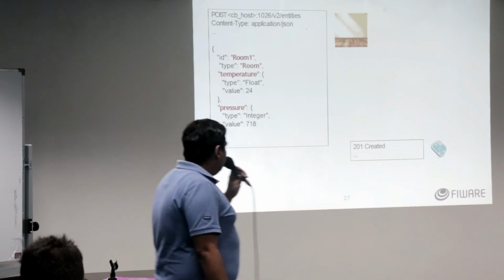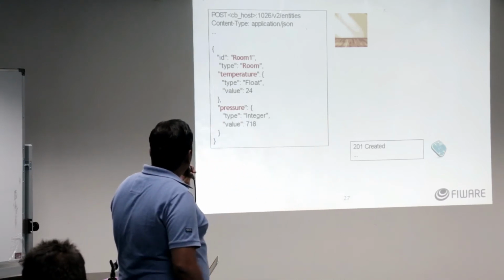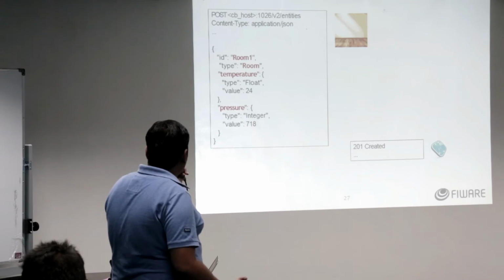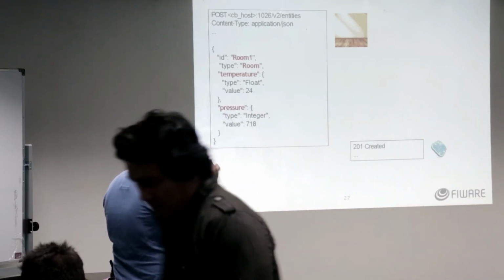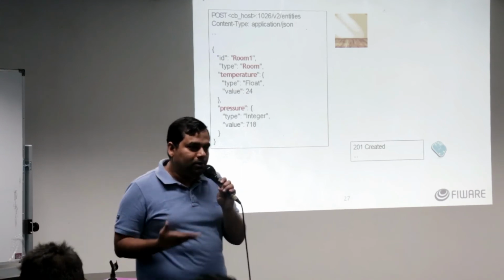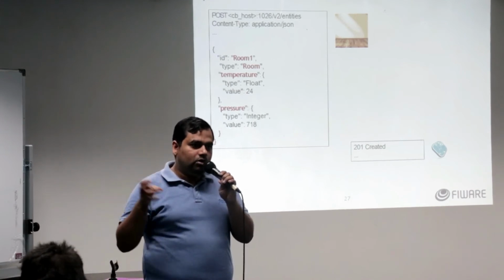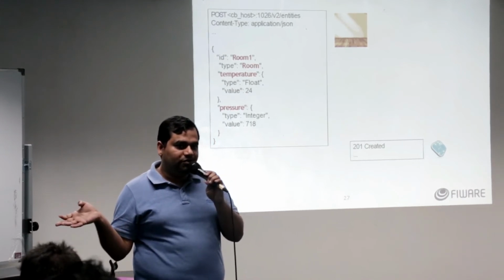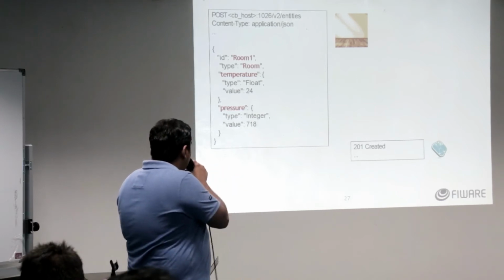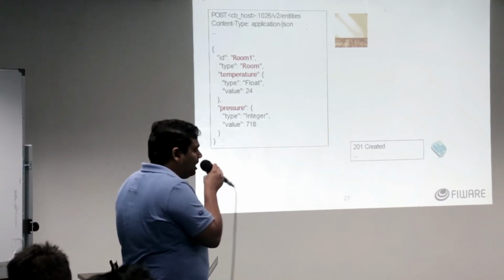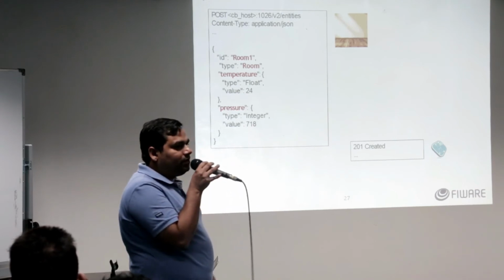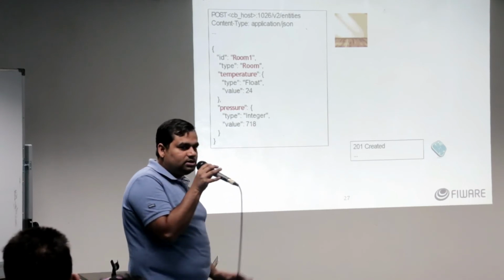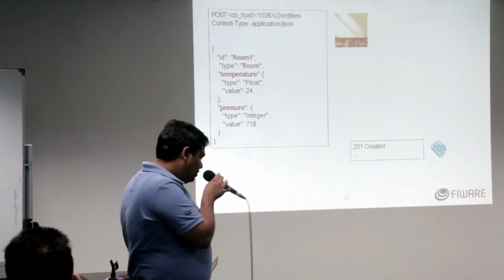You can see there is temperature, there is pressure, the type is float, and the value is 24. So you can define the type also, whether it has to be float or integer. So we created a room 1 here, like we created a car, and you can see 201 Created. You get that in response. It's the success code for POST.